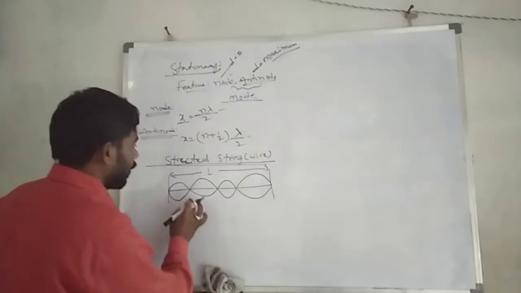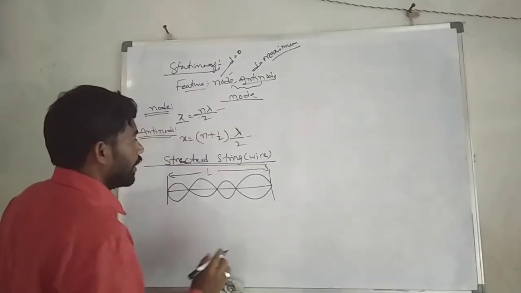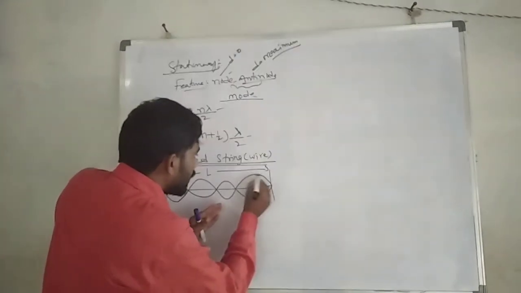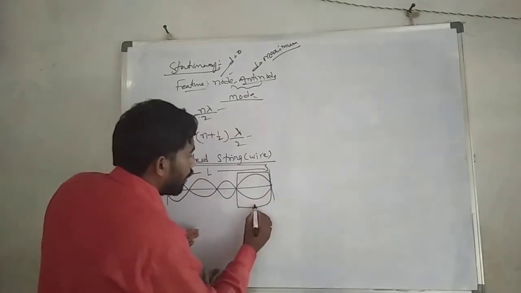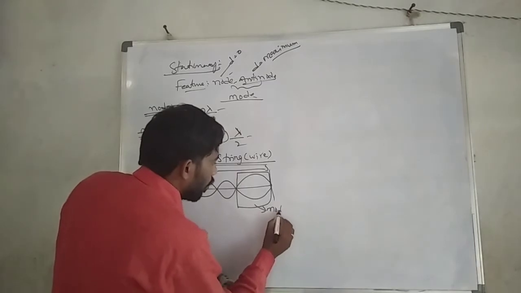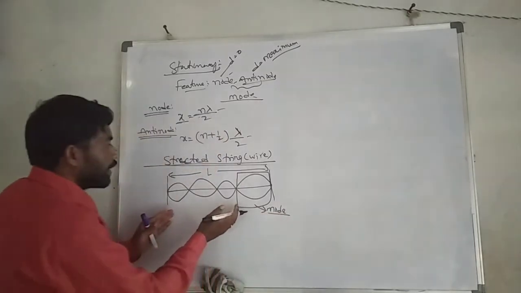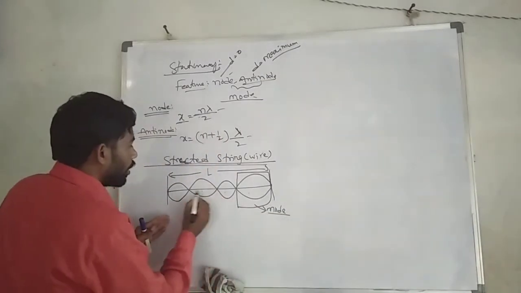The stationary wave is formed. Only this region we will call a mode. In this case, we have 4 modes: 1, 2, 3, 4.